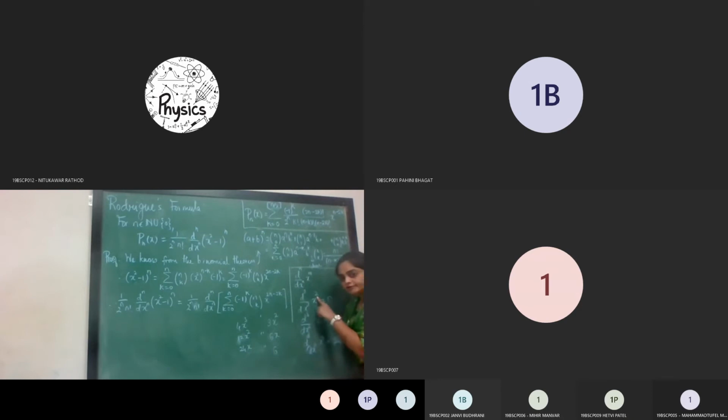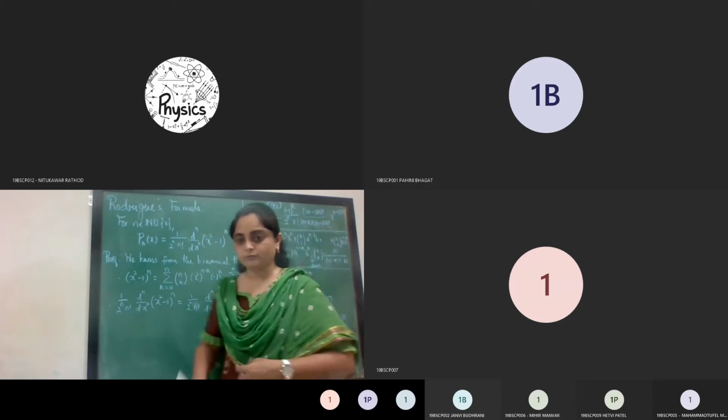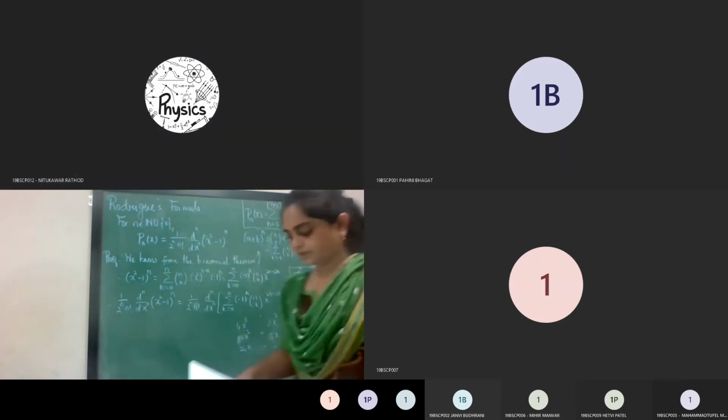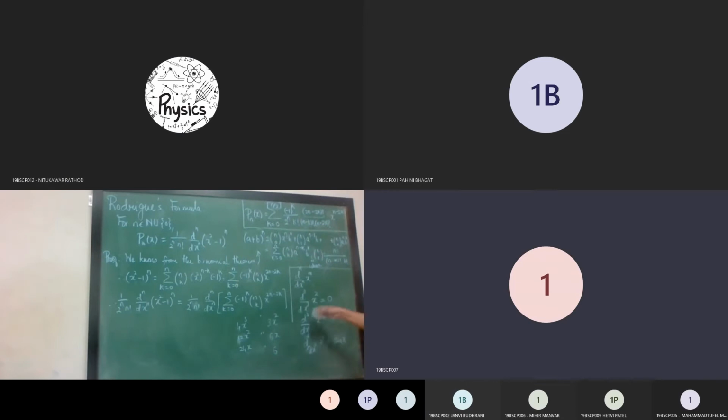That means when the polynomial order is less than the order of the derivative, you will get the corresponding term as 0. When the order of differentiation and the polynomial order are both the same, at that time you will get a non-zero value, that is 3 factorial, and when the polynomial order is larger you will get the corresponding polynomials. Yes or no? Yes, ma'am.